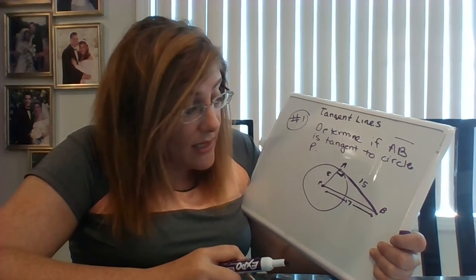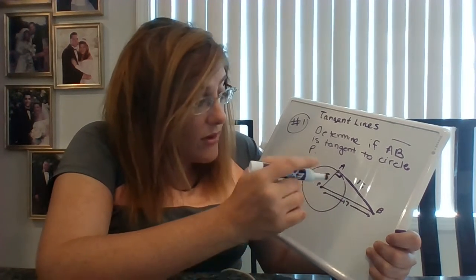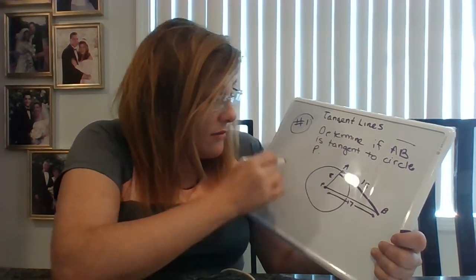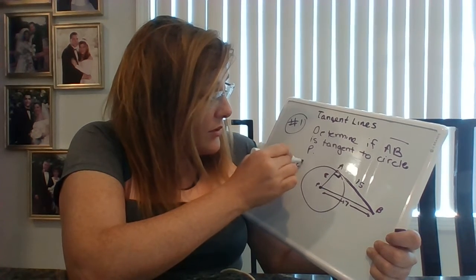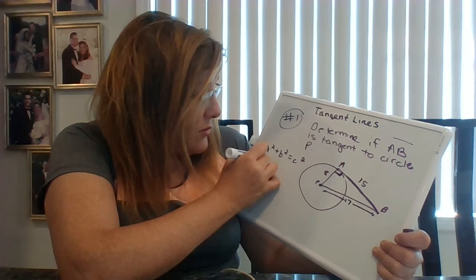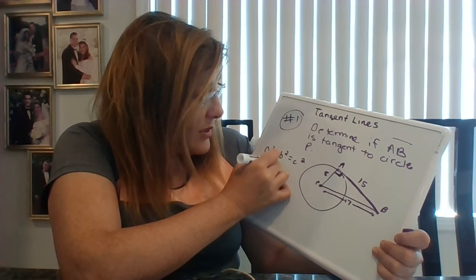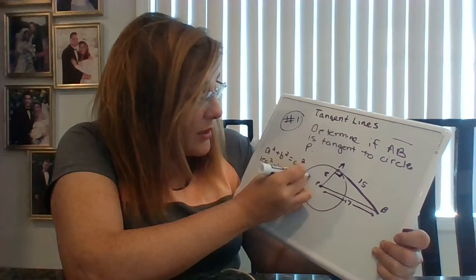If that's a 90-degree angle, then using the Pythagorean theorem, a squared plus b squared equals c squared. And remember, this is legs squared plus legs squared equals hypotenuse squared.